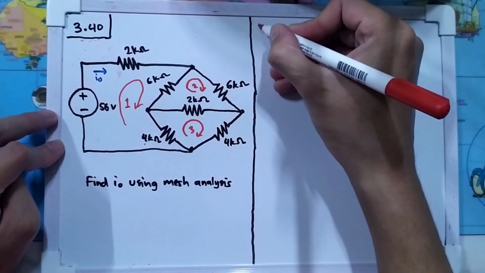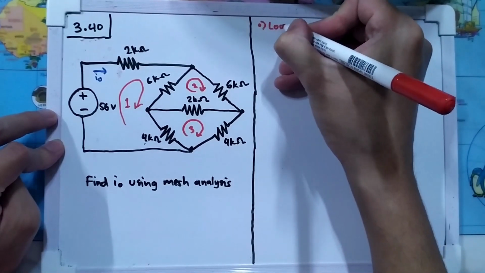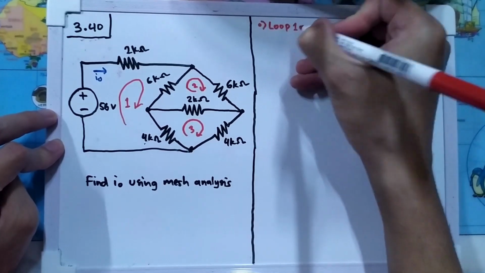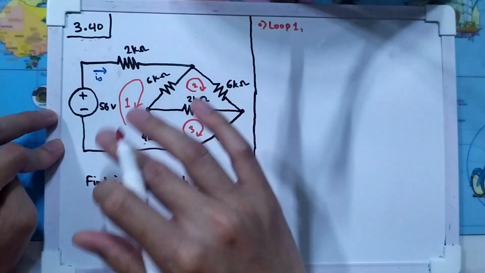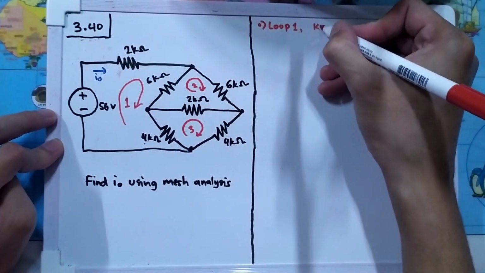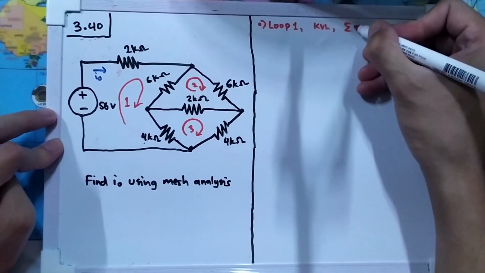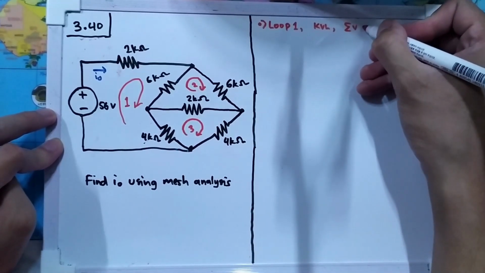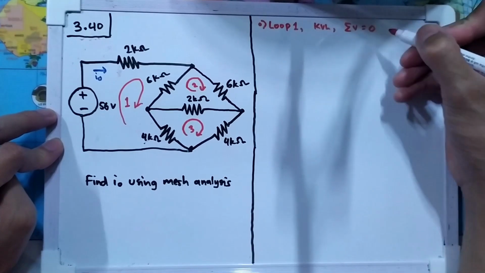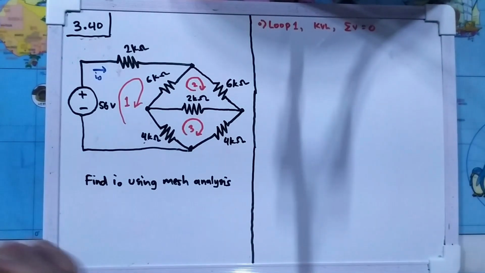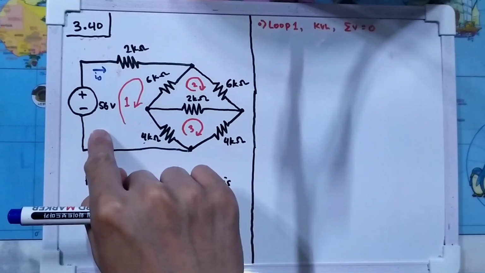Okay, let's start at loop 1. As usual, if we have a loop, we apply KVL, or the sum of the voltage in a loop is equal to 0. So I will have this voltage source here.